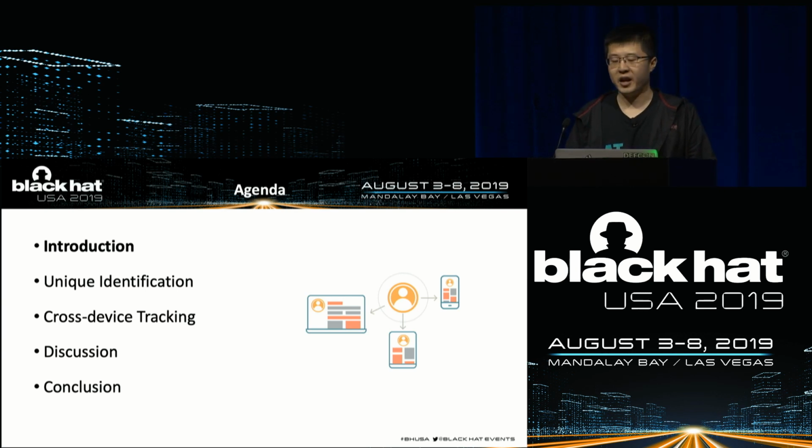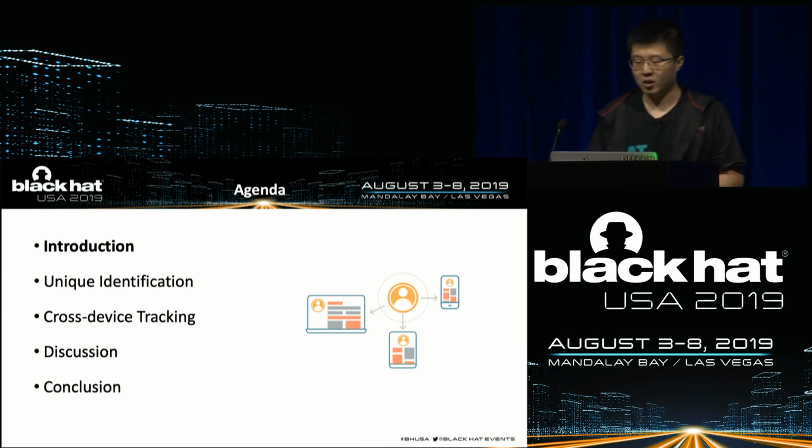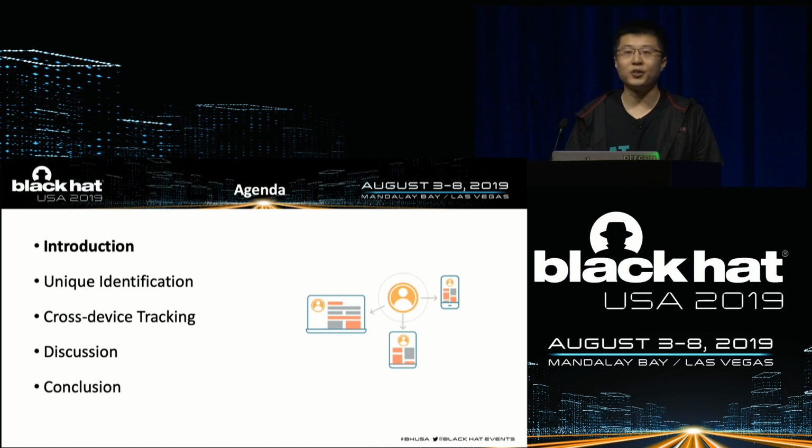After that, I will present more advanced algorithms and vulnerabilities to associate Apple devices through deterministic user IDs, for example, Apple IDs and phone numbers, and probabilistic data link, like device names and IP addresses. Last but not least, we will discuss some feasible solutions, for instance, instrumentation and differential privacy to detect and prevent unique identification and cross-device tracking.